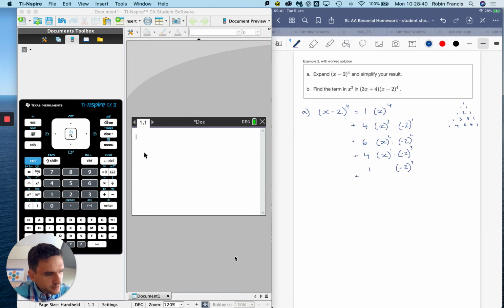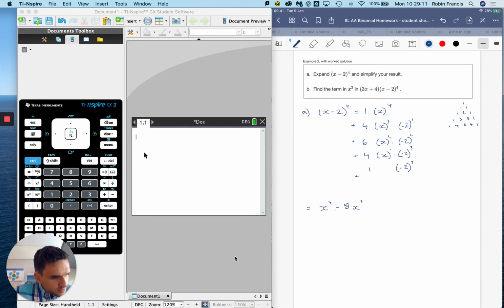So one term at a time. First one is going to be 1 times x to the 4, so that equals x to the 4. And we're going to add to that 4 multiplied by negative 2. So it's not even an add, it's going to be a negative, isn't it? But 4 times negative 2 is minus 8 x cubed.